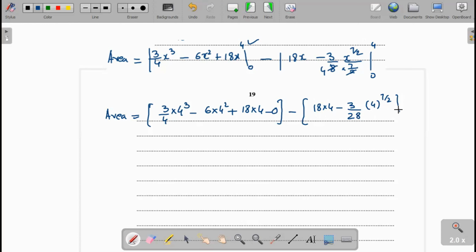And that's still minus the lower limit, which is 0. 18 into 0 is 0. Minus 3 times 0 is 0.